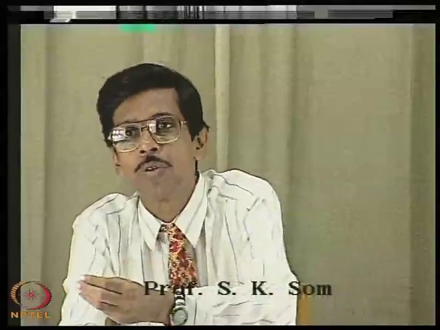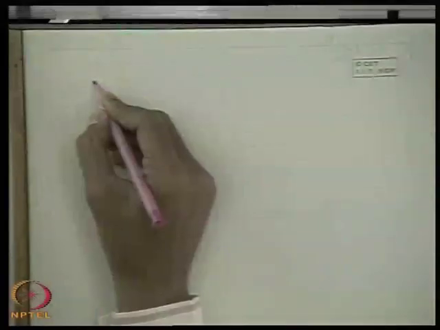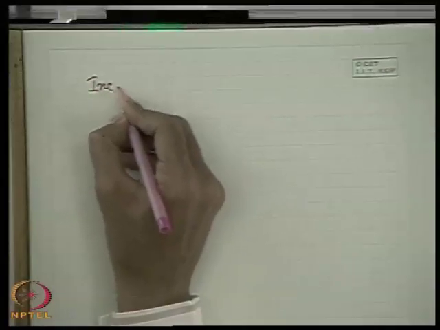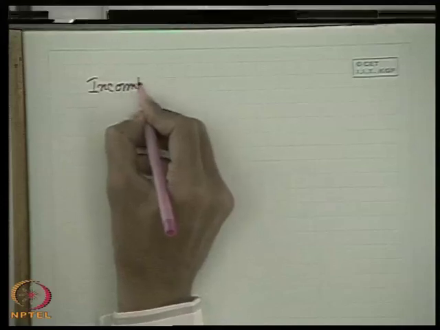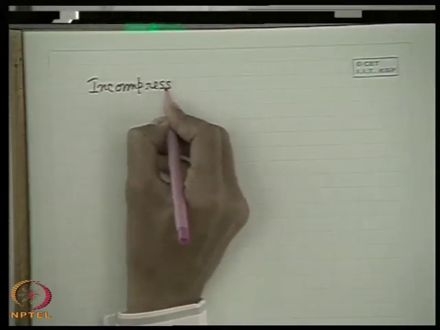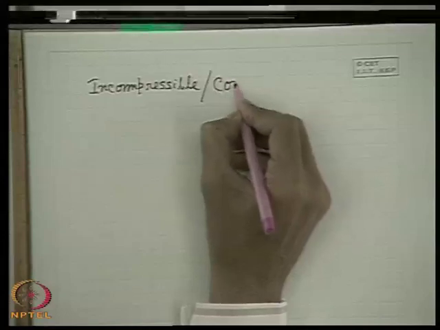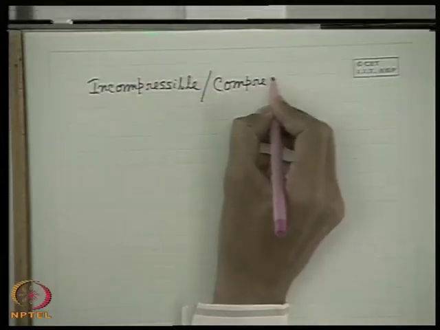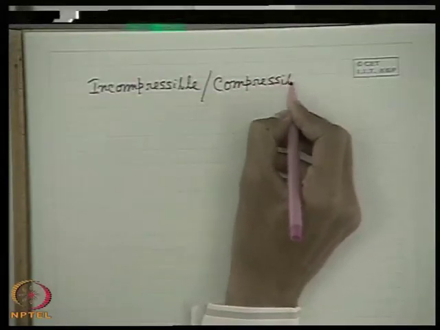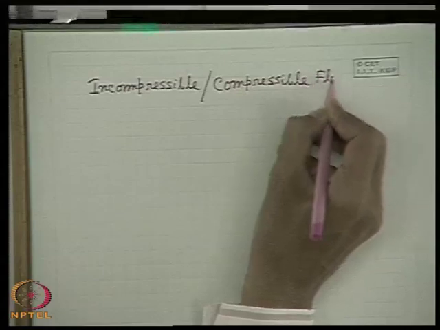So therefore whether flow is incompressible or compressible depends upon whether the density or volume changes in the flow itself. Let us find out a quantitative criterion for it. So now it is clear to you, the definition of incompressible and compressible flow.